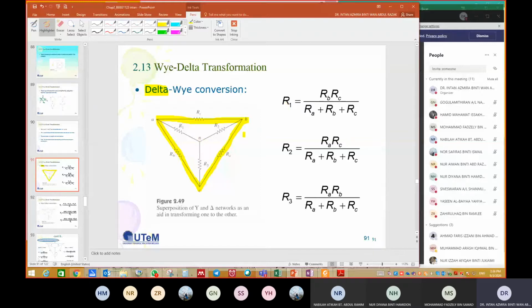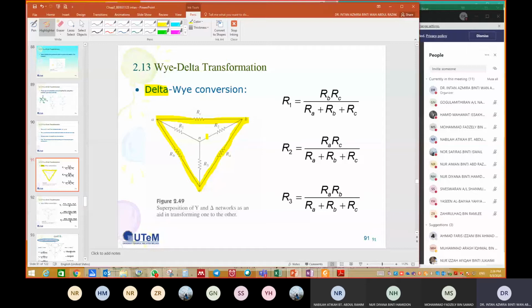So the formula is, the upper side is RB times RC, meaning the multiplication of the right side and the left side of R1, divided by RA plus RB plus RC, the summation of all the delta resistances.